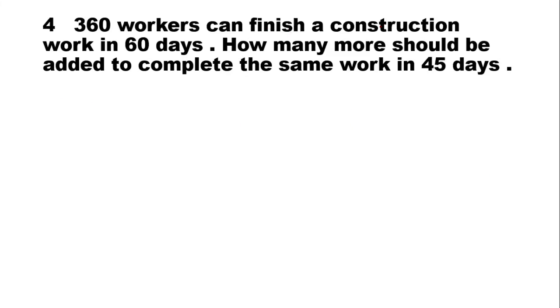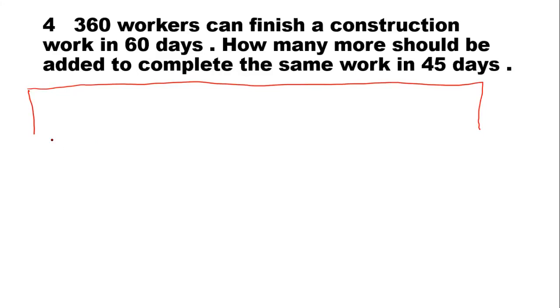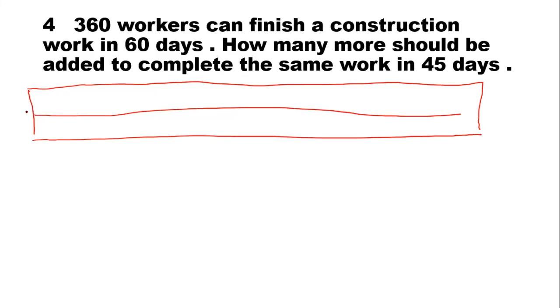360 workers can finish a construction work in 60 days. So what are the variables here? Number of workers and number of days.